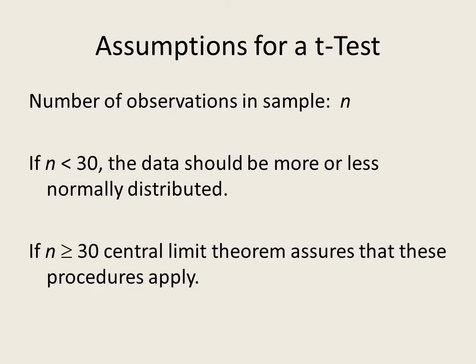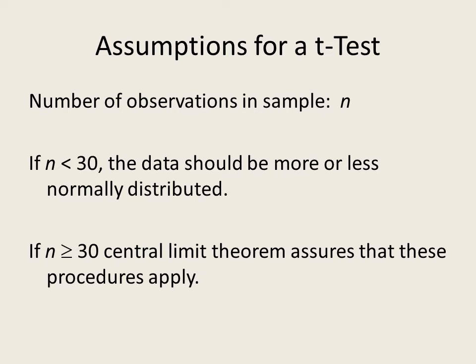What are some of the assumptions for a t-test? The number of observations in our sample is given as the value n. If n is less than 30, the data should be more or less normally distributed, or you shouldn't conduct a t-test. If n is greater than or equal to 30, the central limit theorem, which is introduced in your text and which I mentioned in the last chapter, applies, and we can go ahead and use the t-test.